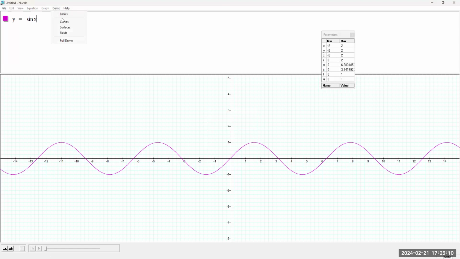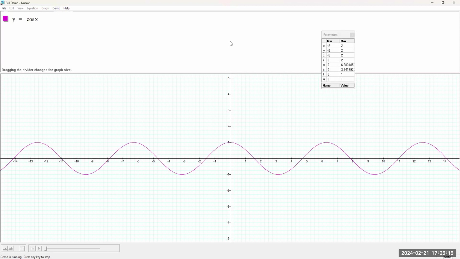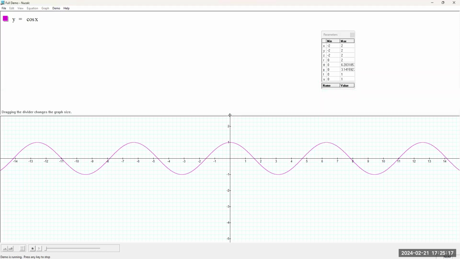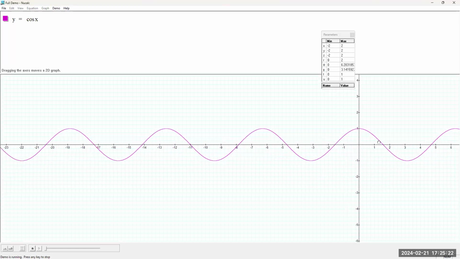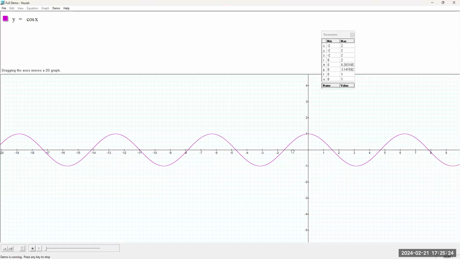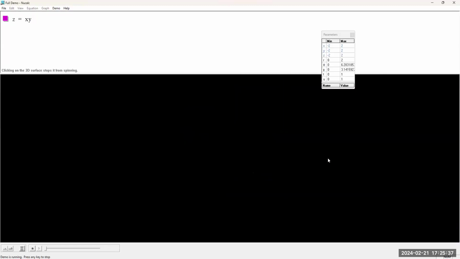Other demo, maybe full demo. No, that's not what it's supposed to look like.